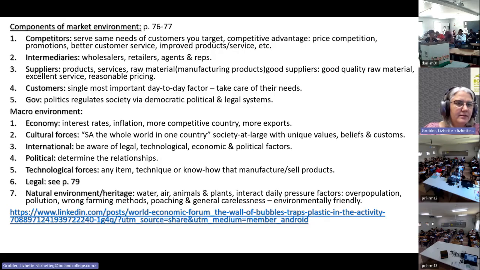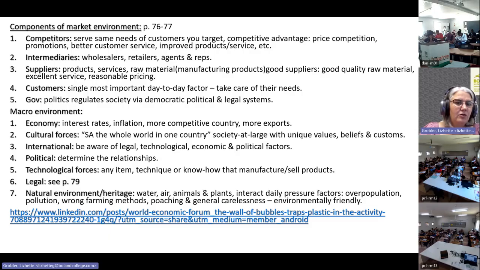Then the suppliers, that could be products, any services, raw materials, that must all be of good quality, and also you must be able to experience excellent customer service with a reasonable price that is affordable. Customers, here we have a single most important day-to-day factor.